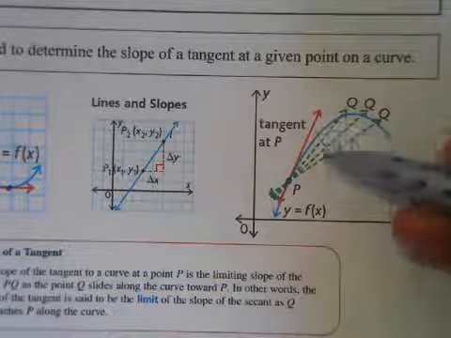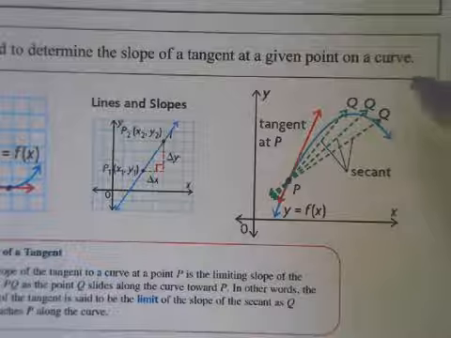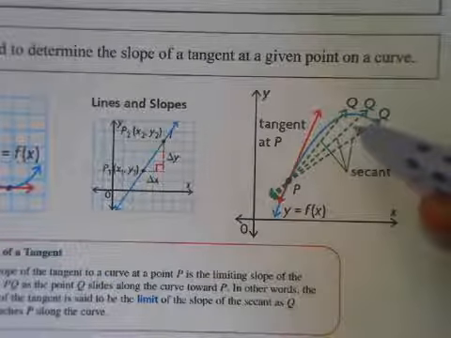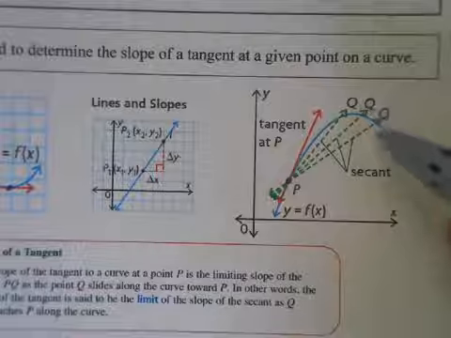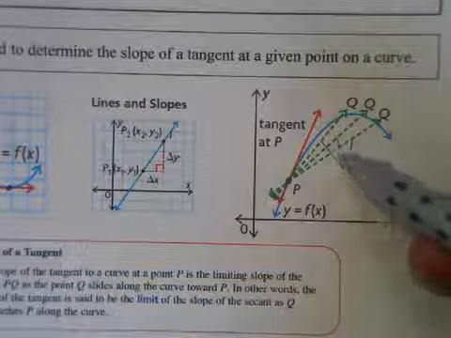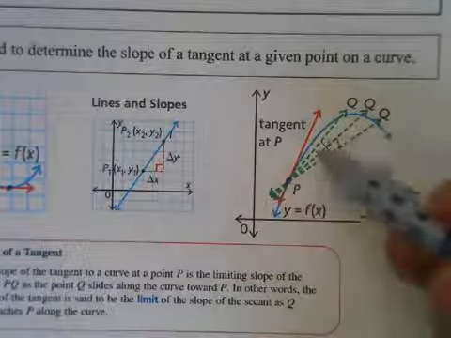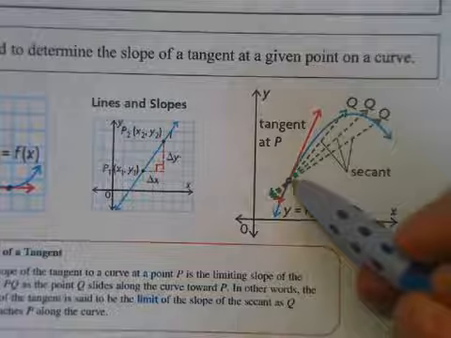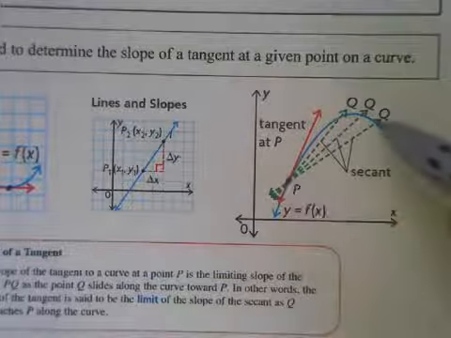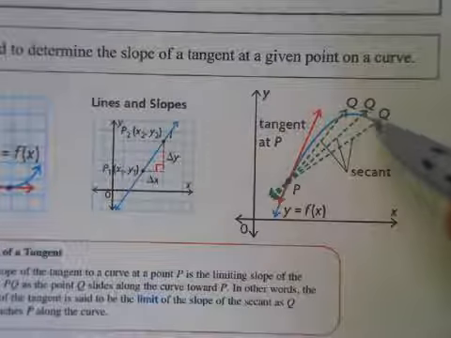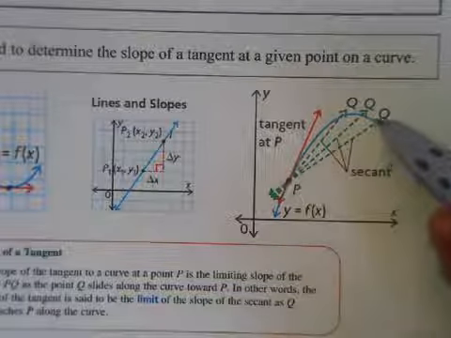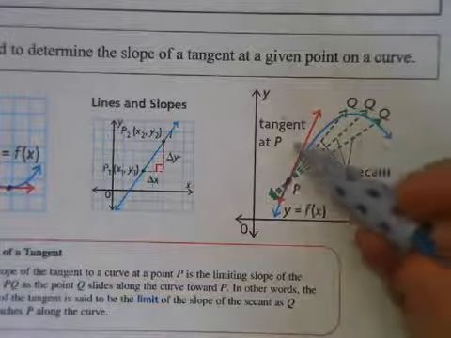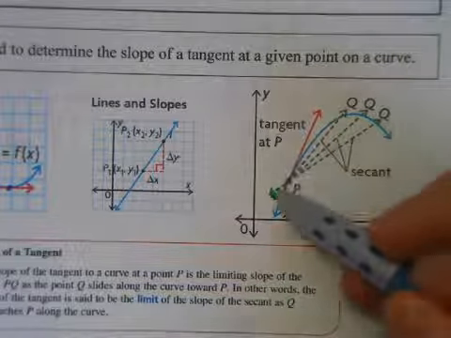So what we do, remember a secant is a line that crosses the curve at two points. We have a whole series of secants here. We haven't labeled them, but these dashed green lines are secant lines that go through P and also through another point Q. Now, if I take the slope of that secant to approximate this tangent, it's not all that close, right?